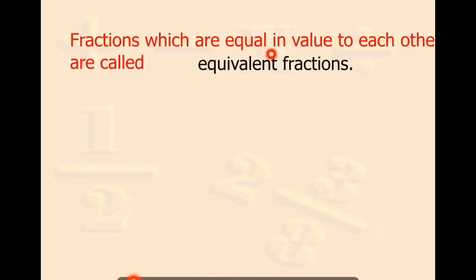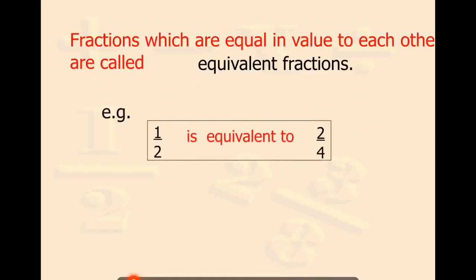The fractions which are equal in value. Equal in value means when they are converted to their standard form, both the fractions are the same. Equivalent fractions only look different, but when they are expressed in their lowest form, they are exactly the same. So such fractions are your equivalent fractions.